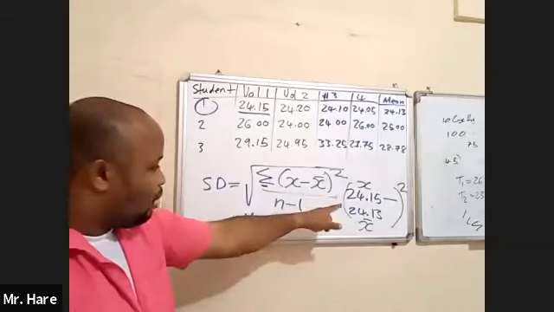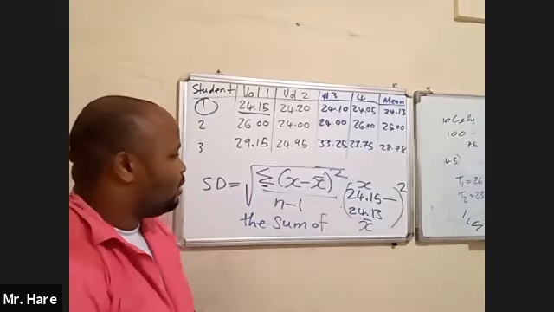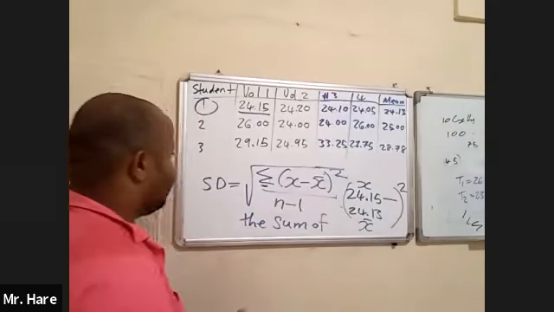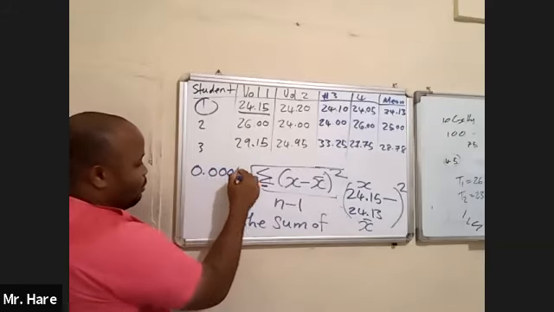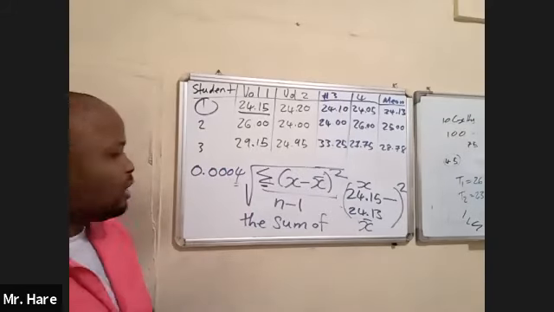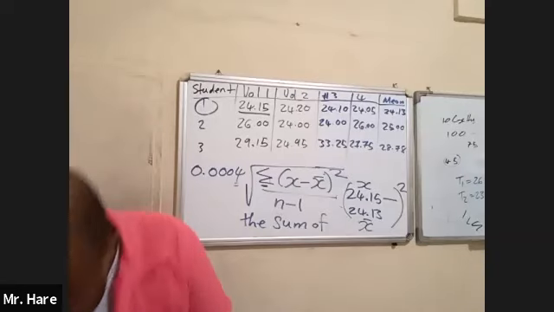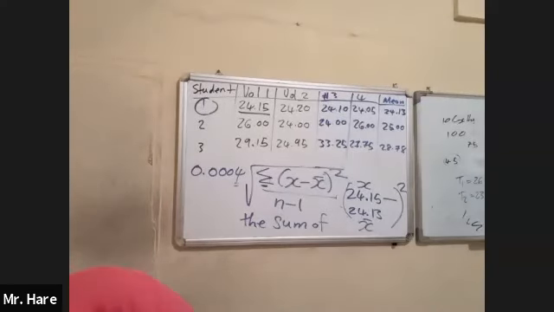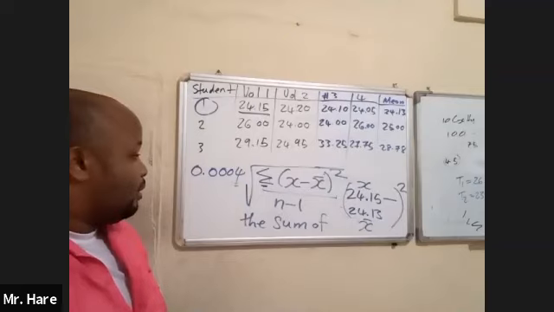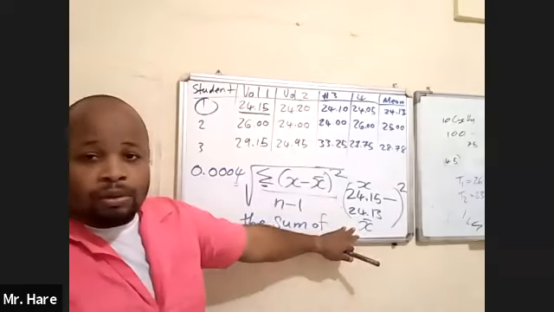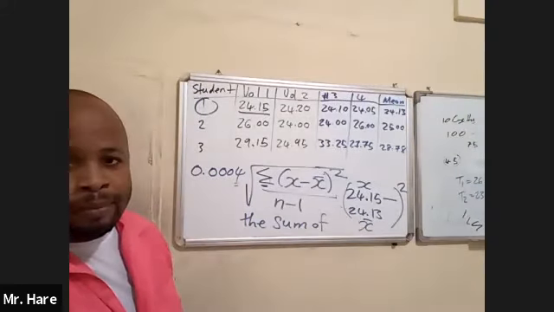When we did this, we got 0.0004. So I'm going to put the number here: 0.0004. That was the first one. I don't remember what I got for the second one, so let us work it again. Are we okay with this one now? Just to check before we move on.